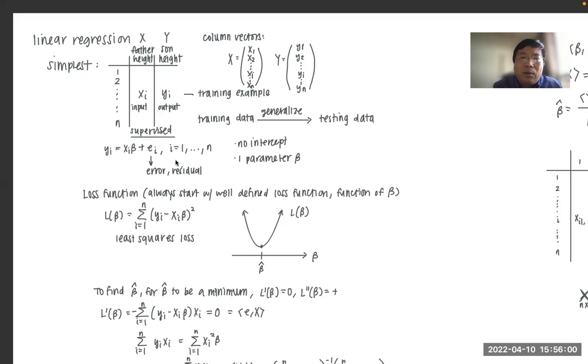Or if you look at the whole population, all the sons whose father's height is say 6 feet, and then you look at their sons' heights, then there's a fluctuation. So we assume that the EI accounts for this random fluctuation, and the EI is assumed to follow a normal distribution with mean 0 and certain variance.